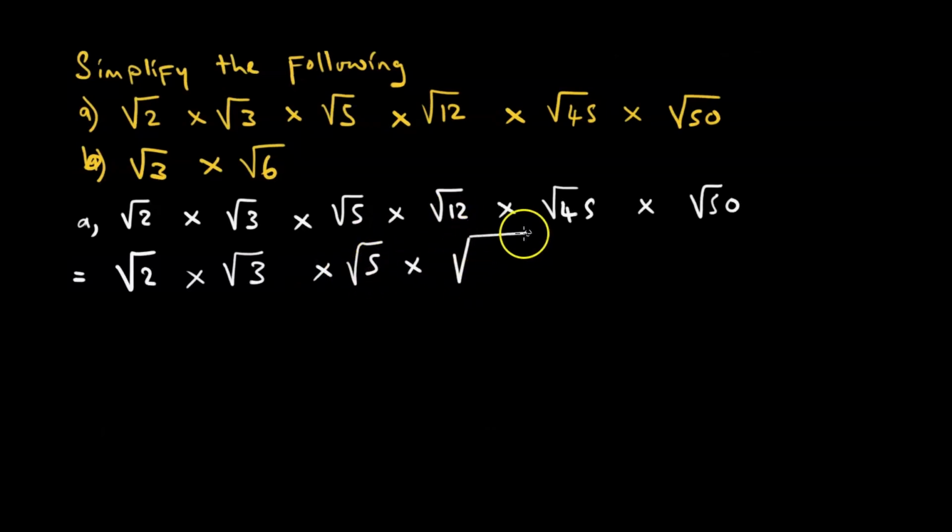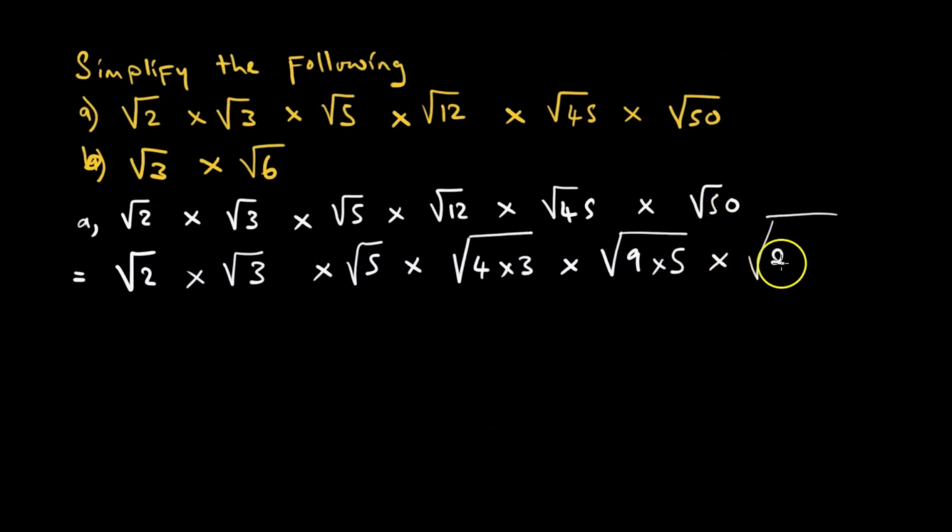Then for 4 here, it is 4 times 3, where 4 is a perfect square. For 45, it's 9 times 5, 9 is a perfect square. For 50, it's 25 times 2, 25 is a perfect square.